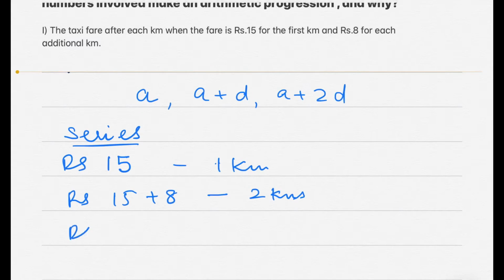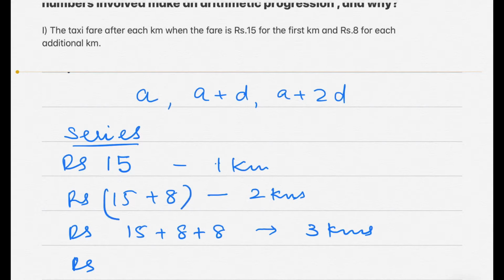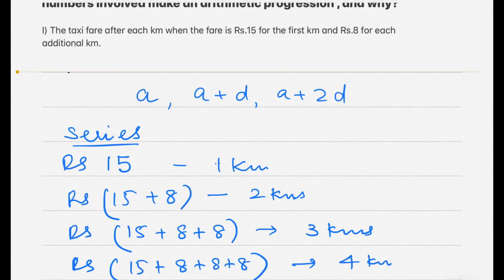And it will be rupees 15 plus 8 plus 8 for 3 kilometers. And let me find for one more. I can put these in brackets. So 15 plus 8 plus 8 plus 8 will be for my 4 kilometers.